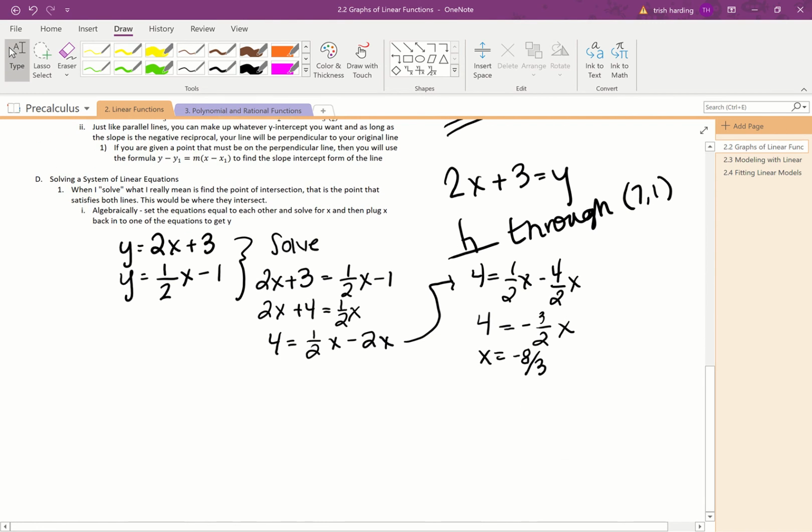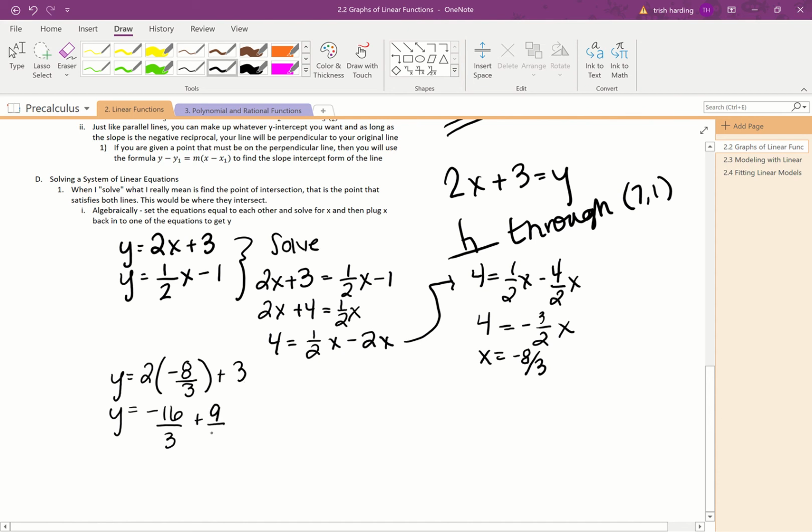So now to find the point of intersection, we would substitute this back in, and I'm just choosing the top equation. You can choose the bottom one if you want. Then I'm going to turn 3 into a fraction with a denominator of 3.